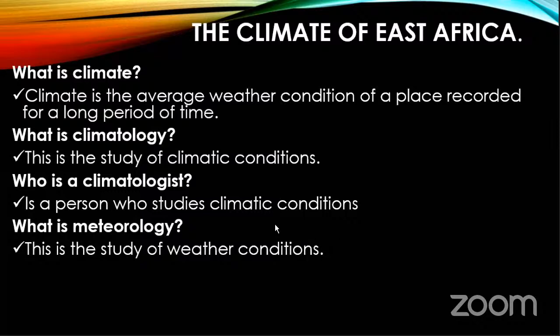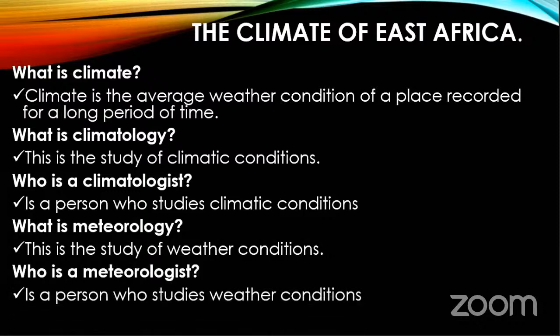If we have meteorology, then we have a person who studies that as a meteorologist. Who is a meteorologist? A person who studies weather conditions. So those are the key terms that we need to be aware of when it comes to studying climate, most especially in East Africa, climate in East Africa.